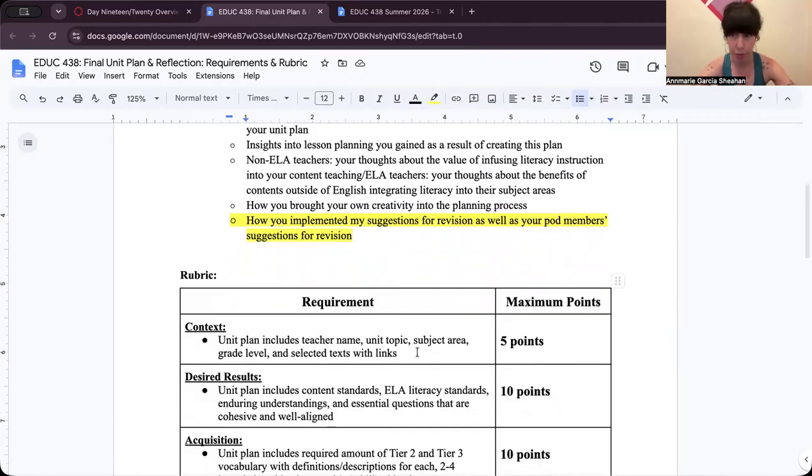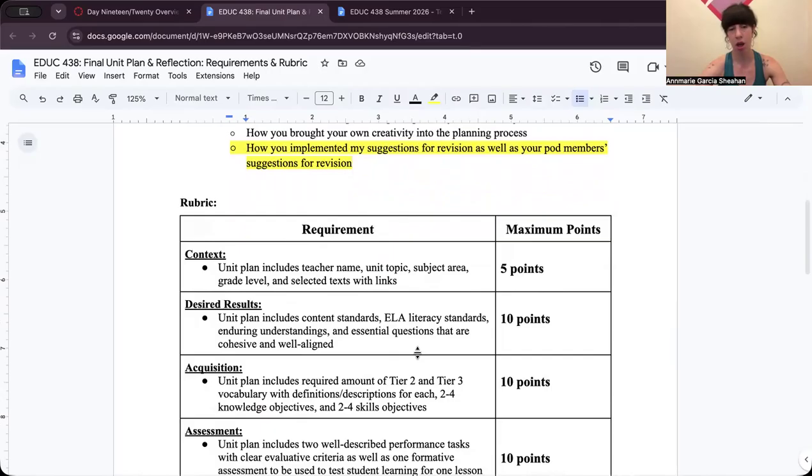This is the rubric that I will be using to grade you, okay? And it follows along the template, okay? So I'll be looking at context, which is your name, unit topic, subject area, grade level, and selected text with links, okay? Your desired results: your content standards, your ELA literacy standards, your enduring understandings and essential questions.